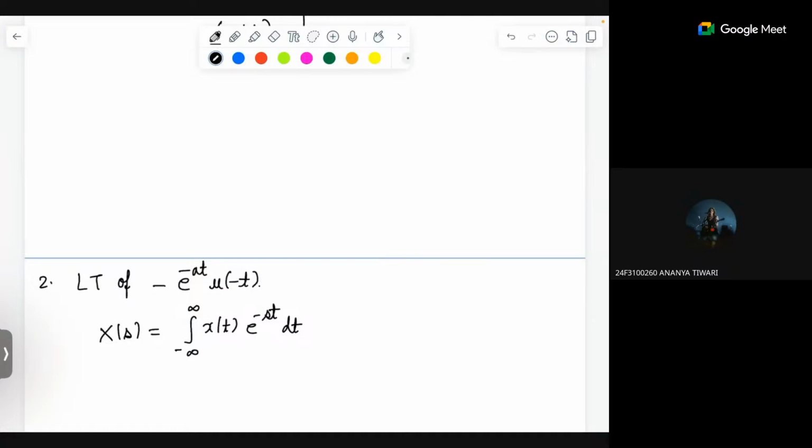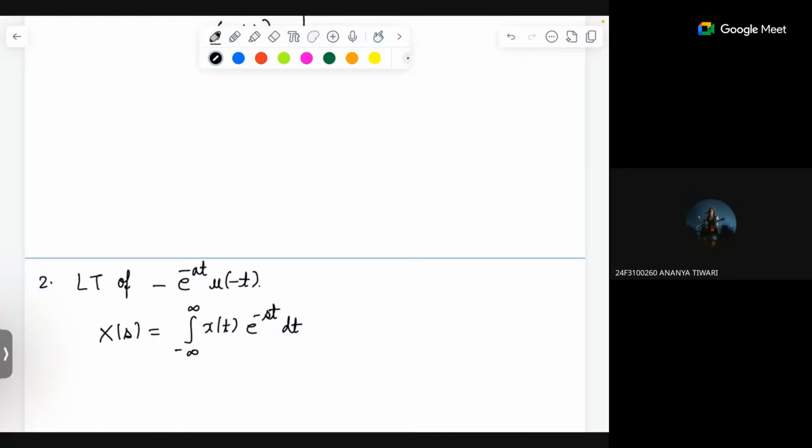When we are integrating, we will get e to the power of minus (a plus s)t, and there we will have a minus infinity. So it will be minus into minus infinity, which means it will go to infinity.